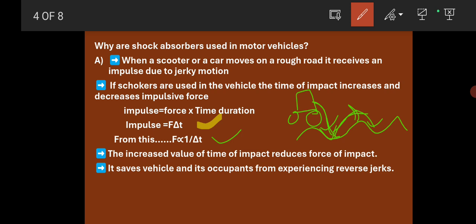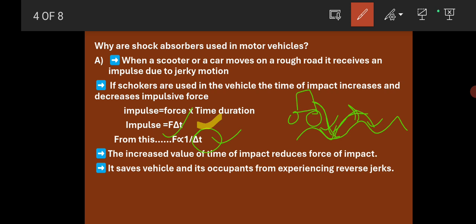Then what is the function of shock absorbers? These shock absorbers will increase the time of impact. When the time of impact is increased, then automatically the force of impact decreases.